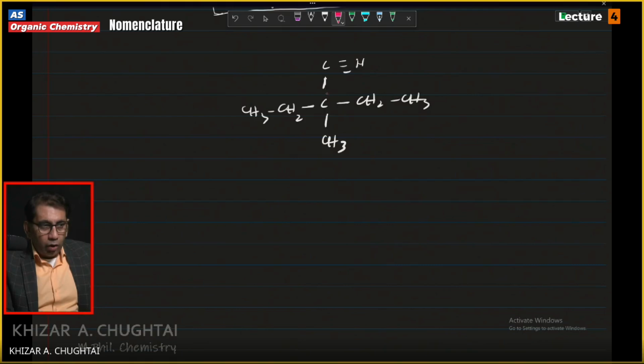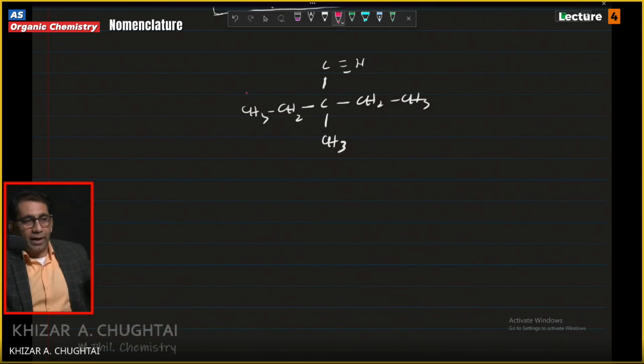And now you can turn either towards right or left. So one, two, three, four. If I'm moving towards the left, there are four carbon atoms on my road. If I'm moving towards the left hand side, one, two, three, four carbon atoms. So the maximum carbons are lying either towards the right hand side or the left hand side.